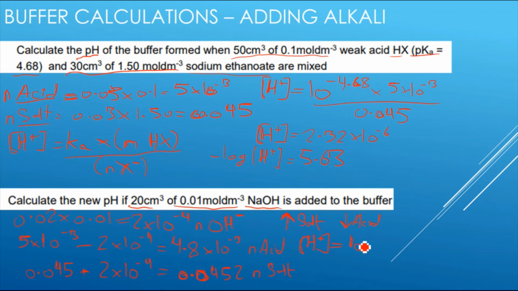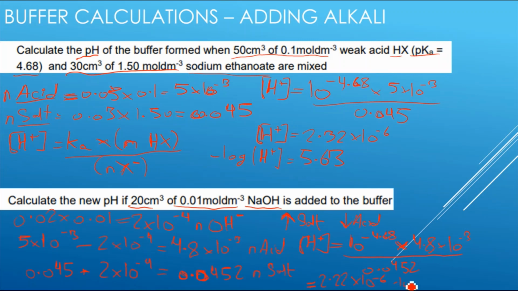So the Ka would be the same, so 10 to the power of minus 4.68. And now the new acid moles, it'd be 4.8 times 10 to the power of minus 3, and this would be over 0.0452, and this would get me the concentration of H plus, which would be 2.22 times 10 to the power of minus 6.